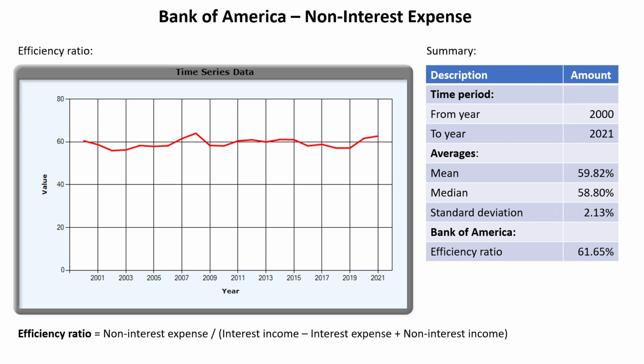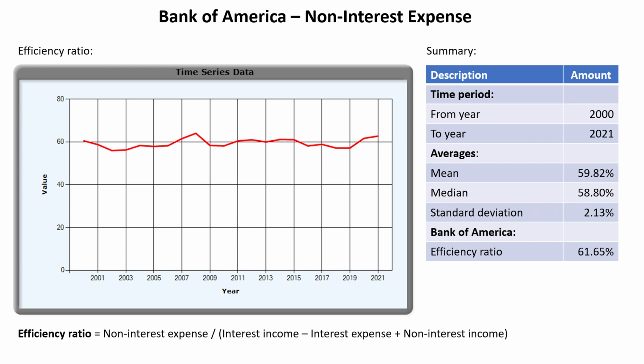If you look at the table to the right, that graph goes from 2000 to 2021. The mean and the median efficiency ratio is around 59%, plus or minus. Now the efficiency ratio for Bank of America is 61.65, which is slightly higher, but not much higher.